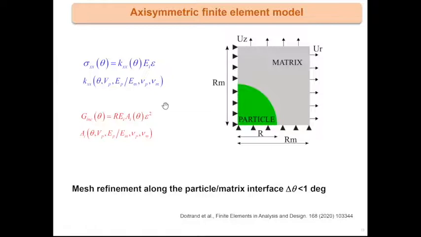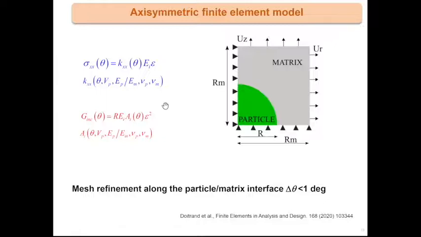Here I will use an axisymmetric model. Only a quarter of the cell is needed because you have symmetry conditions. Of course, we have to use boundary conditions so that the lateral face of the cylinder remains straight. To evaluate the stress concentration factor, it's very simple.